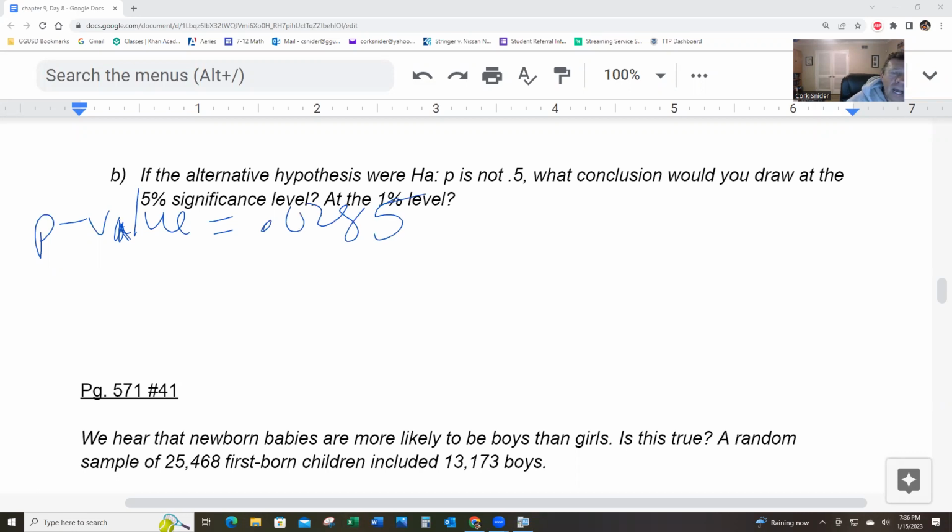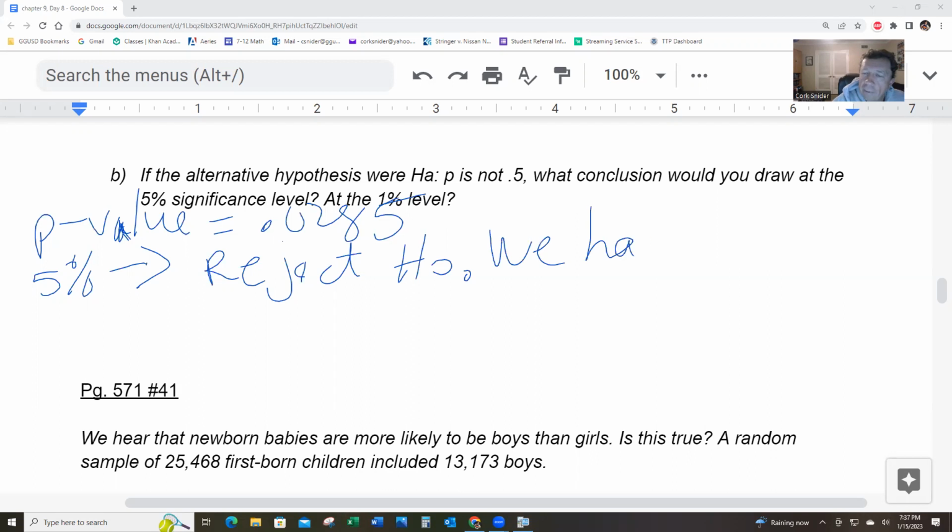Well, interestingly enough, this doesn't change a thing because doubling it, it's still below 5% and still above 1%. So I'm going to write it out again. At the 5% level, our conclusion would be reject H0.